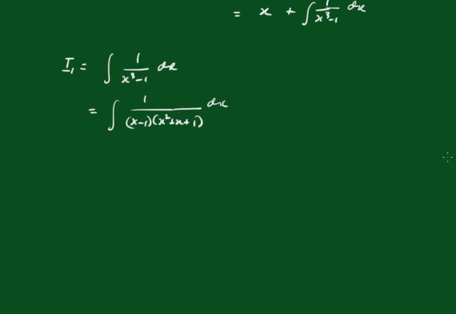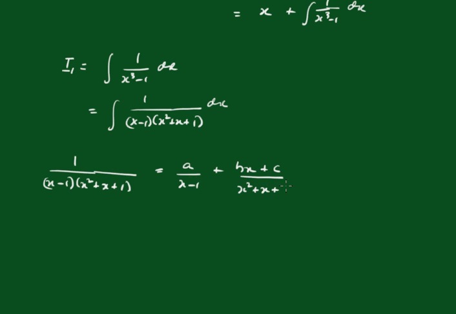Right, now using partial fractions, we can say that 1 over (x minus 1)(x squared plus x plus 1) is equal to a over x minus 1 plus (bx plus c) over (x squared plus x plus 1).